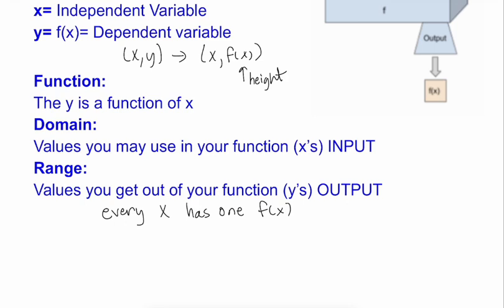On a graph, the domain, the best way to describe how to look, is left to right. What are the x values I use from left to right? The range on a graph, I think of bottom to top, low to high. What are the heights from the bottom of the graph to the top of the graph? So that's your input output, okay?